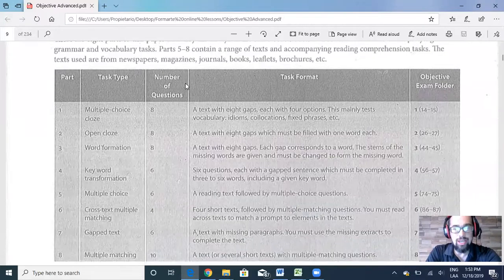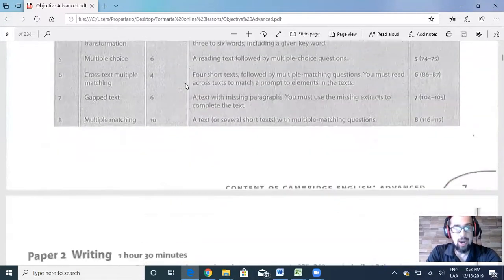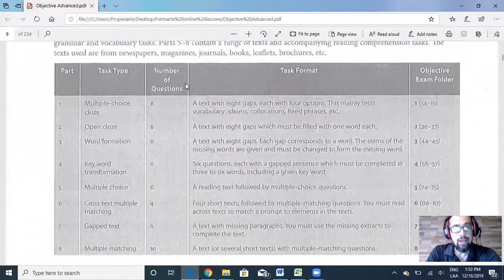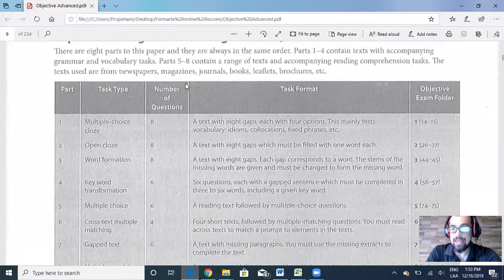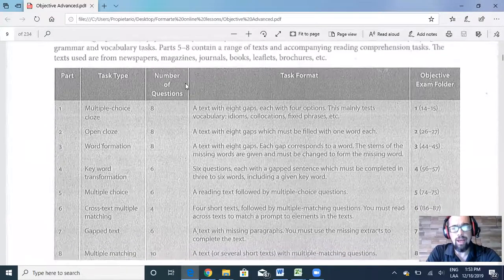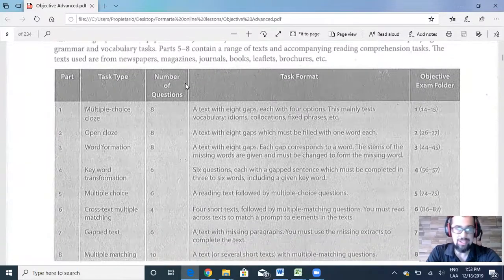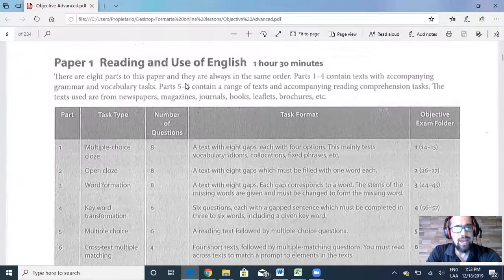You can look at this page in your booklet on page 7. You can see how this test works and the different parts that these tests have. First of all, we're going to do the reading and use of English test, which is 1 hour and 30 minutes.